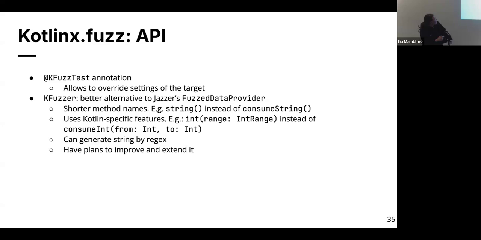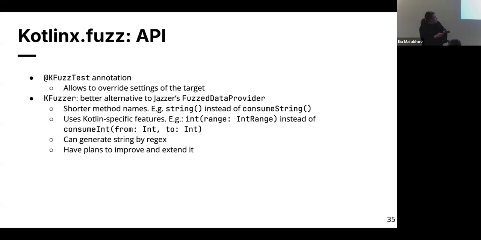First of all, in the API, we have essentially 2 main things. First is a fuzz test annotation, which is just an annotation to mark fuzz tests. And then we have kfuzzer, which is our reimagined version of the fuzz data provider, which has, in our opinion, a better interface.